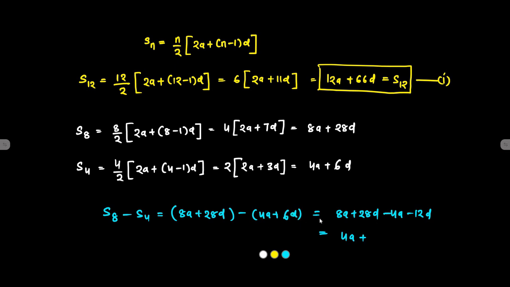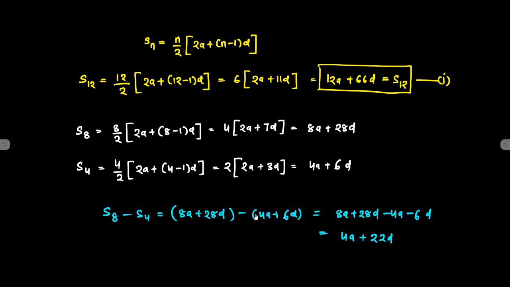So this becomes 8a plus 28d minus 4a minus 6d, so this is 4a plus 22d. Yes, 4a plus 22d. This is S8 minus S4.